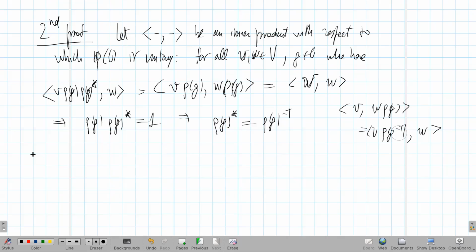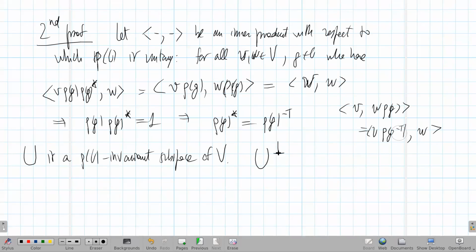So what we do, remember, our assumption is that U is a rho G invariant subspace of V. We consider its orthogonal subspace, whatever it's called, which is the set of v in V such that, since it's symmetric, the inner product of v and u equals 0 for all u in U. And since this inner product is non-degenerate, linear algebra, I've recalled these things in the preliminaries.